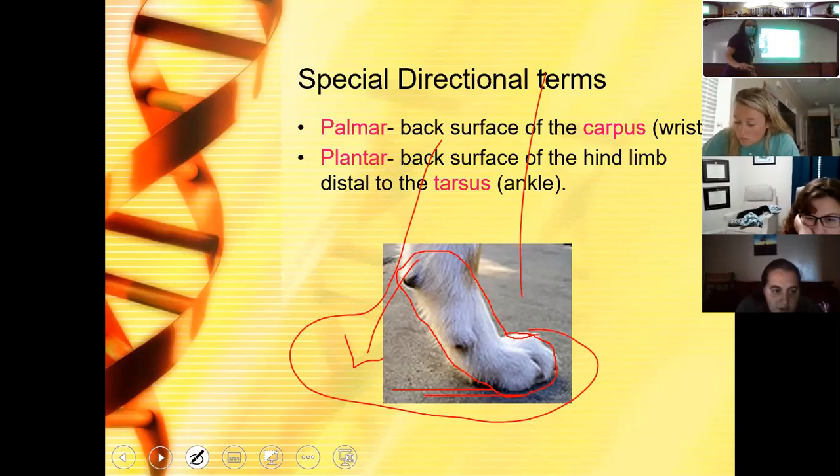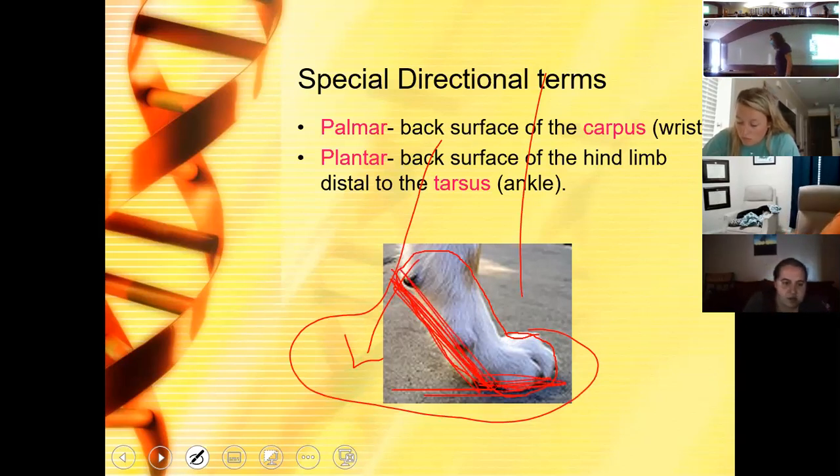So technically, this whole surface is either the plantar or palmar. It just so happens that in humans our entire plantar surface is weight bearing. In dogs and cats, only the digit plantar surface is weight bearing.